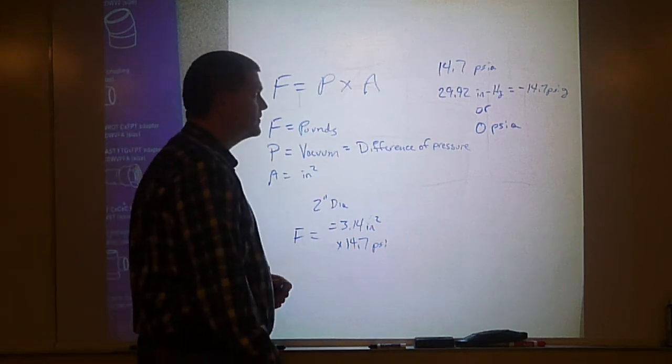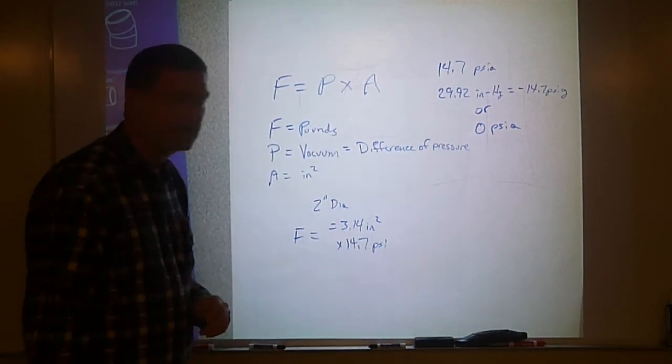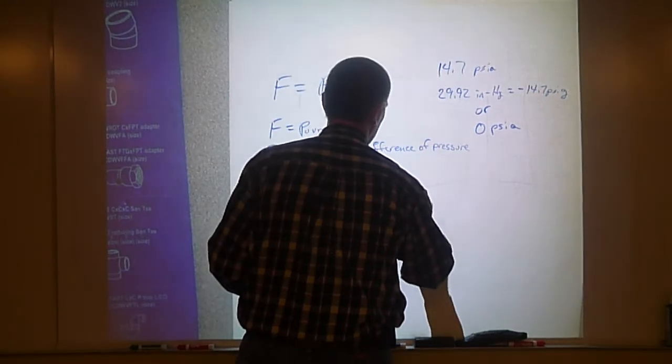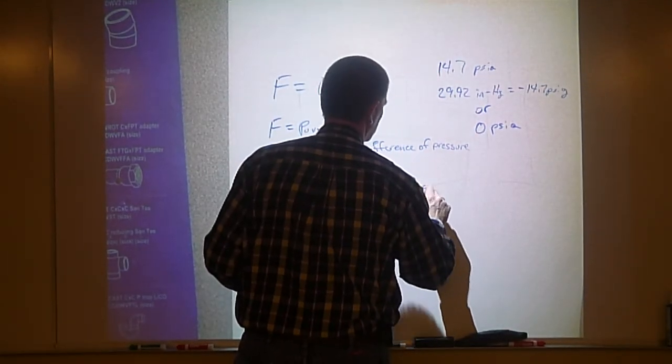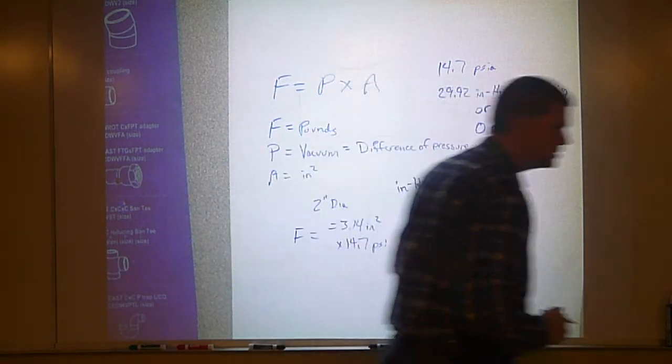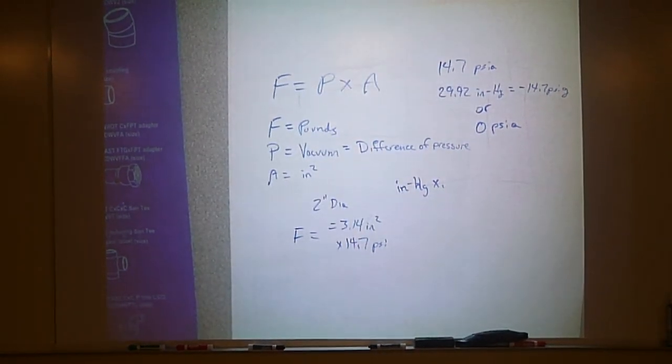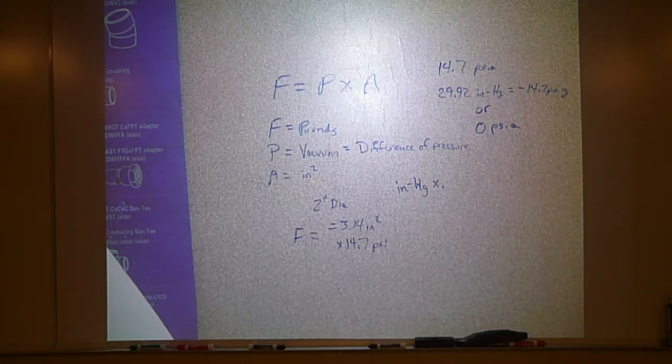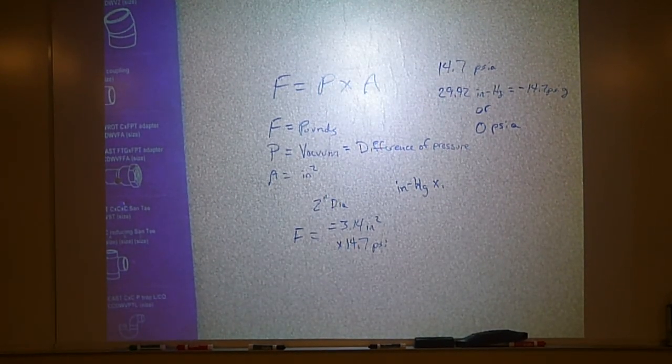Now to figure out the difference between inches of mercury and vacuum, you can take your inches of mercury times point, I can't remember what it is, I think 0.51. I had it, hold on a second.